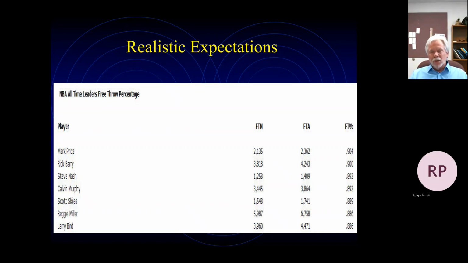So in life, though, the success rate is pretty good. Let me give you some sports analysis figures. If we look at some of the best free throw shooters in the NBA, we can see that failures are fairly common.